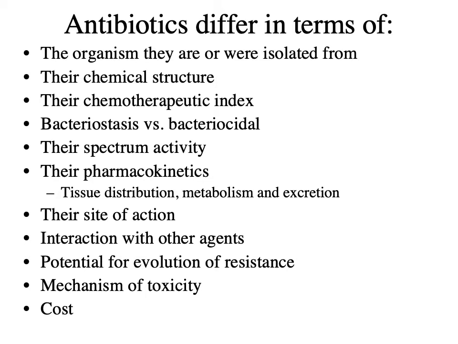The site of its action, like is it going to be peptidoglycan, the plasma membrane, DNA, all sorts of different options. It's not always like penicillin, the classic peptidoglycan inhibitor. Interaction with other agents, I think, is really interesting, especially with non-Western medicine.